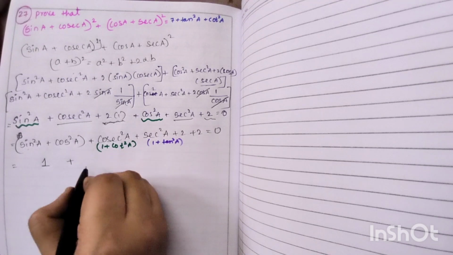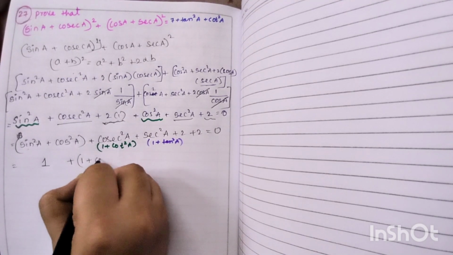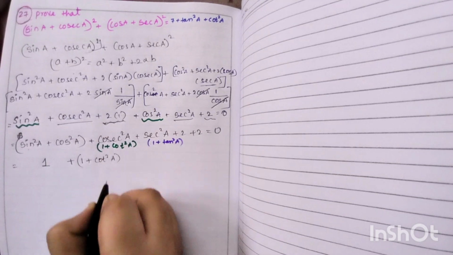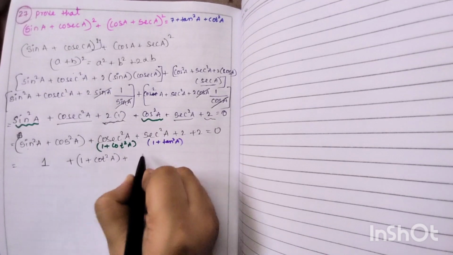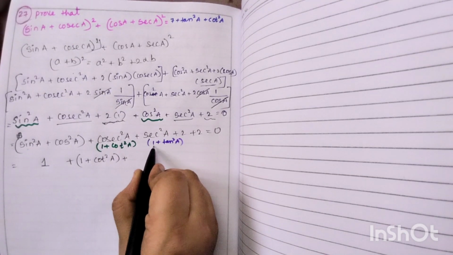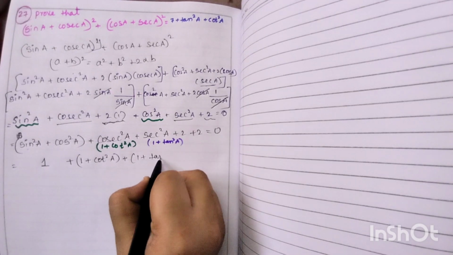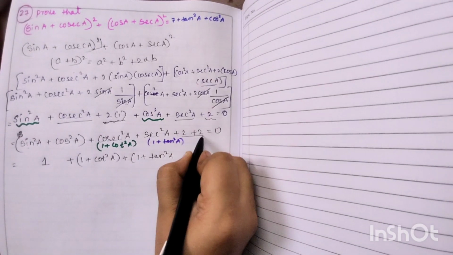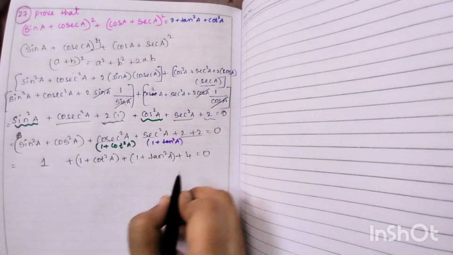so this is the formula, right? So 1 plus cot square a. Then what is for the secant? This is plus here. So secant square a is nothing but 1 plus tan square a. So 1 plus tan square a. 2 plus 2 will get us plus 4 is equals to 0.